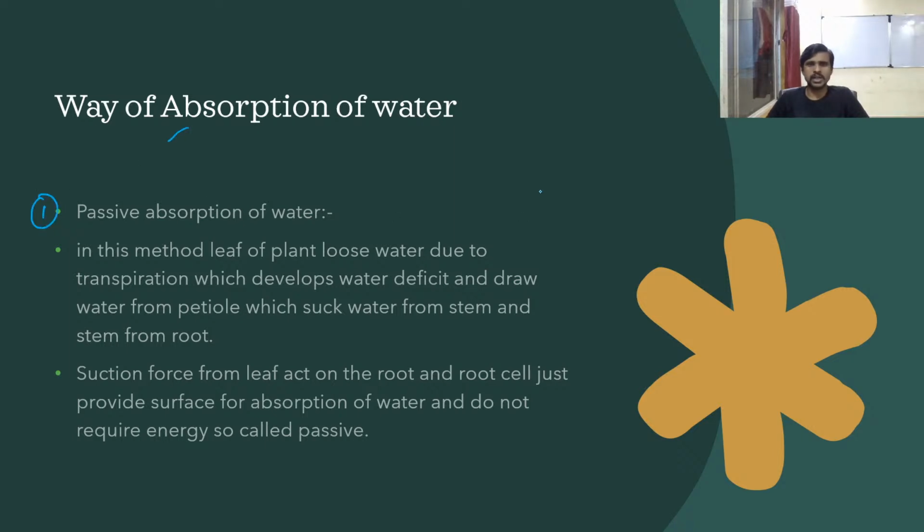So we have two ways of absorption of water: one is passive and the second is active. Before starting the active, let's see what is meant by passive absorption of water. Guys, whenever you see the word passive in biology, it means without energy, without ATP. It doesn't require any ATP.